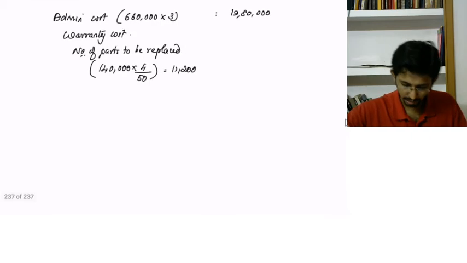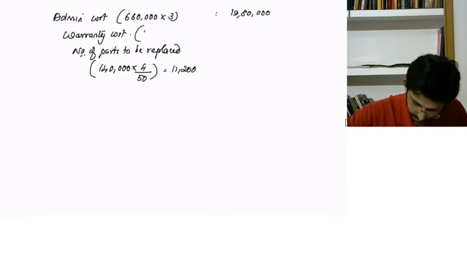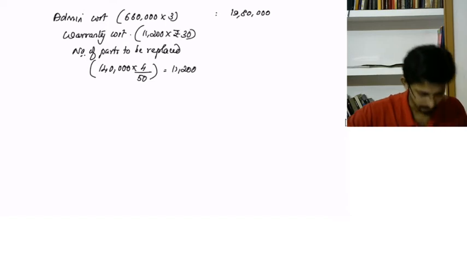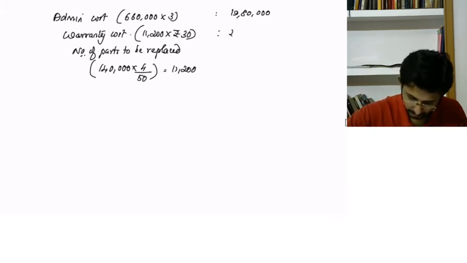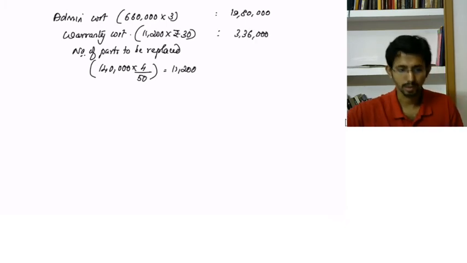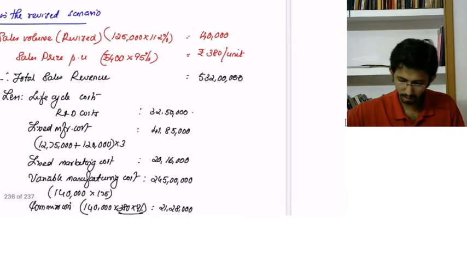And what is the cost? It is 11,200 into rupees 30 per unit. Okay, into 30, you will get it as 3,36,000.